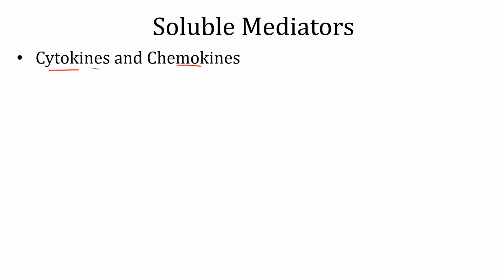So if a cell was trying to turn on another cell, or trying to communicate to another cell that it was sick or infected, it would release a variety of these different chemicals. We call any chemical that's released by a cell to help mediate an immune response a cytokine.